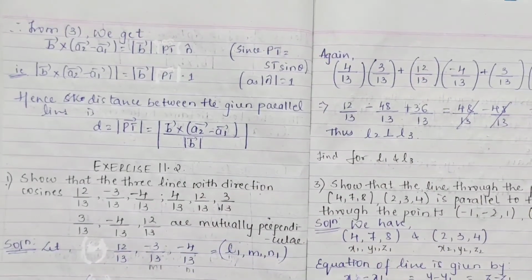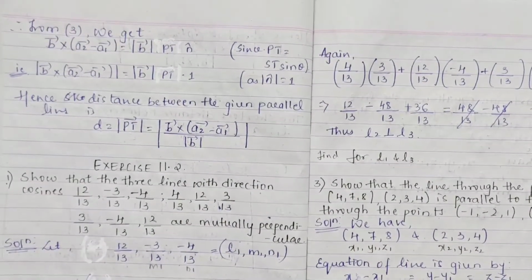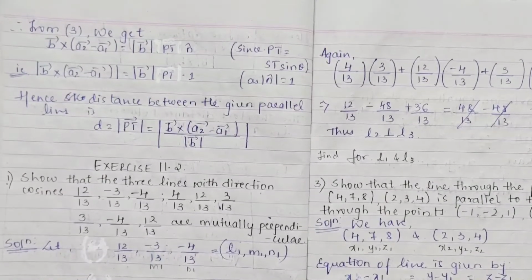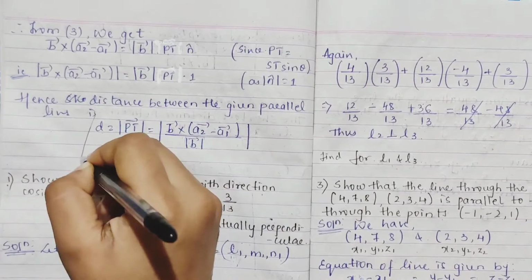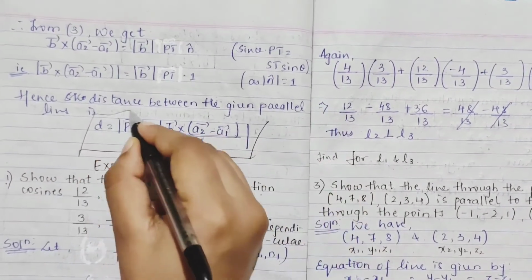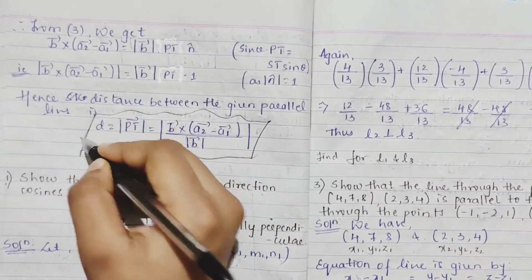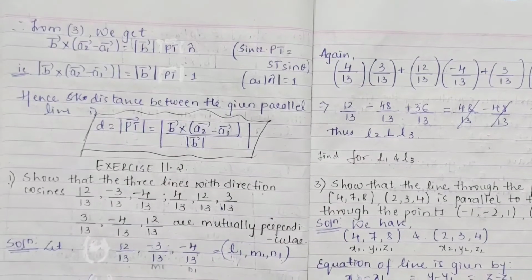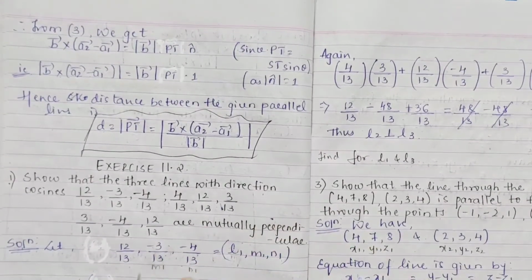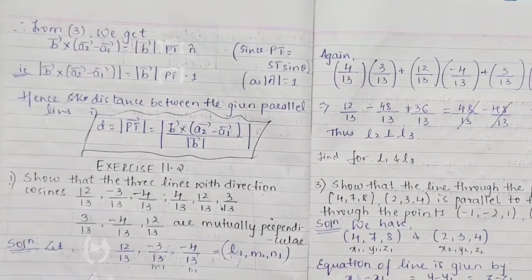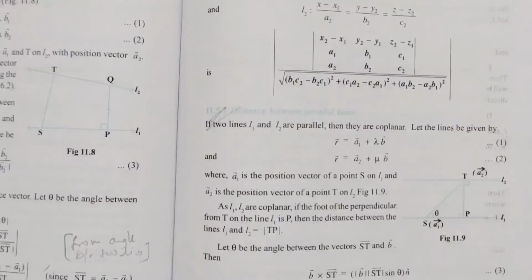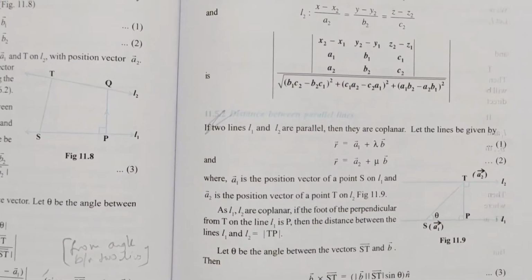Don't get confused in that. So till here I'll tell you how you have to write. In this also, you have to remember this. Just remember these formulas, it's okay if you don't go so deep into that, because everything involves vector algebra only.